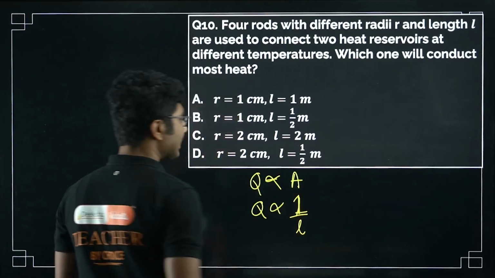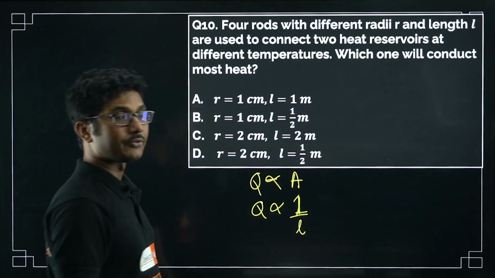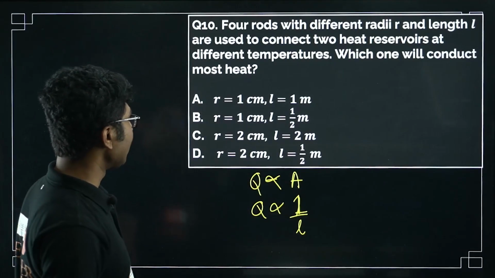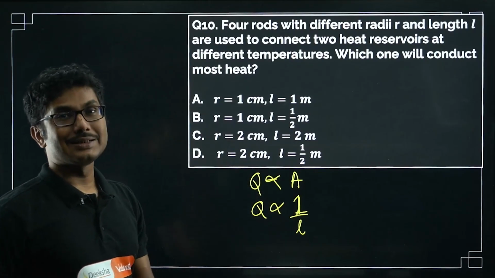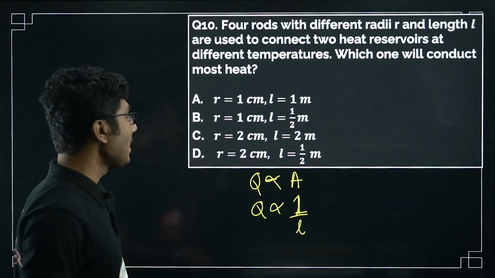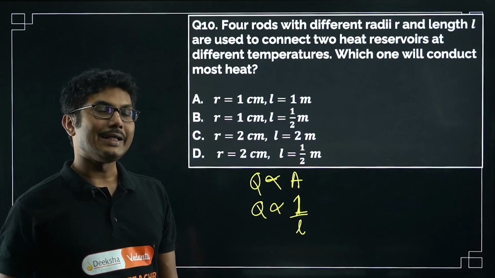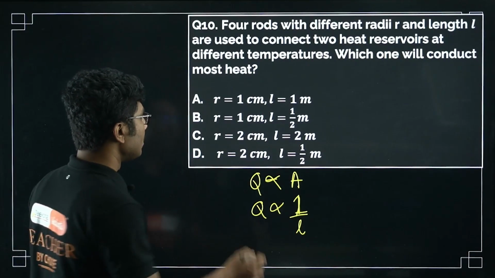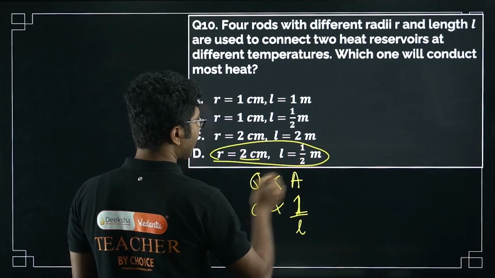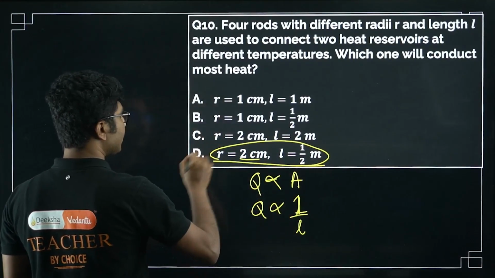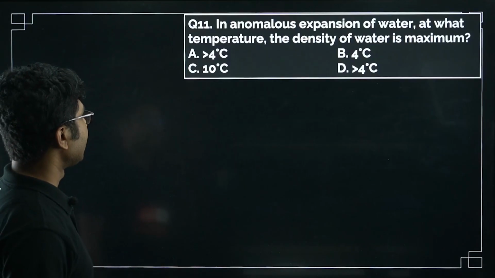The higher the length, the less heat will be conducted, and the higher the surface area, the more heat will be conducted. So more radius means higher area, and we have to find a combination where the radius is high and the length is small. In this combination, the radius is highest at 2 centimeters and the length is smallest, so this is where the heat will be conducted fastest.